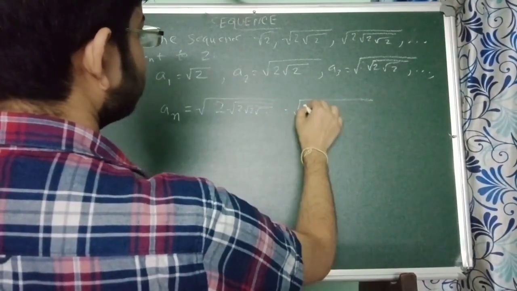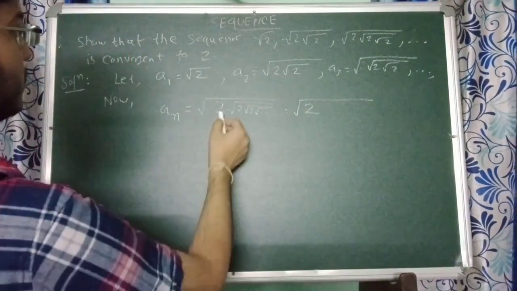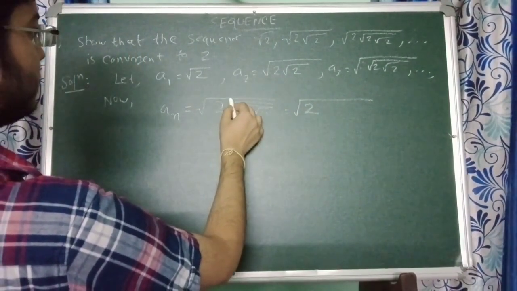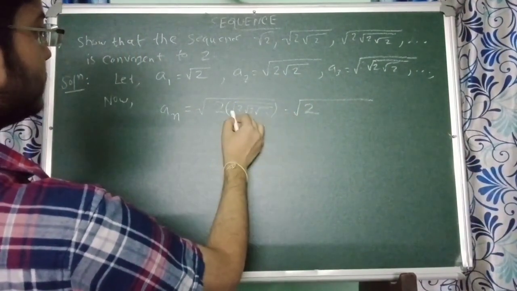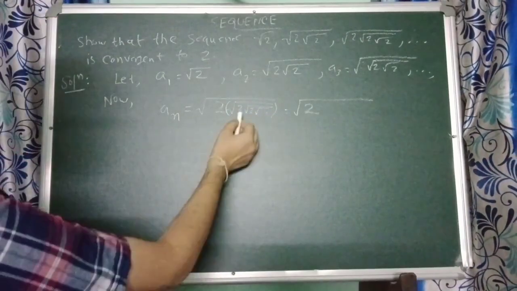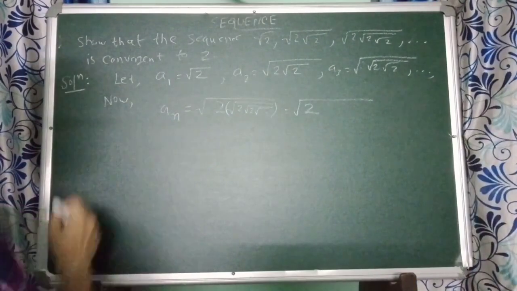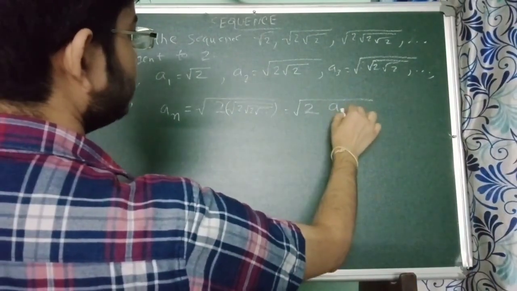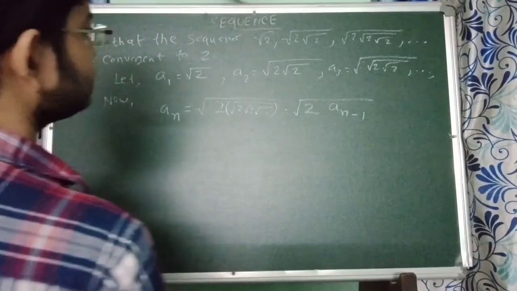Now if we take only square root of 2 and the whole part square root of root 2, square root of root 2 is the previous one, that is a_{n-1}.